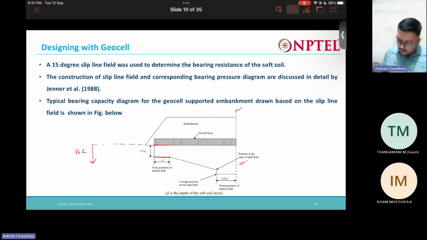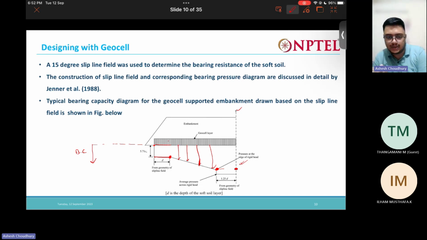Now, for the rest of the portion, we need to determine all these bearing pressures, and we use the slip line theory to determine this. From this part onwards, we consider this portion as the rigid head.